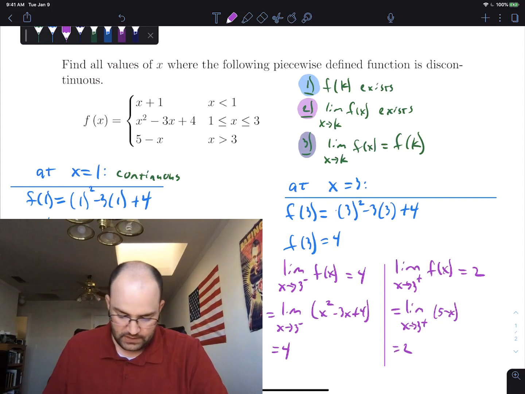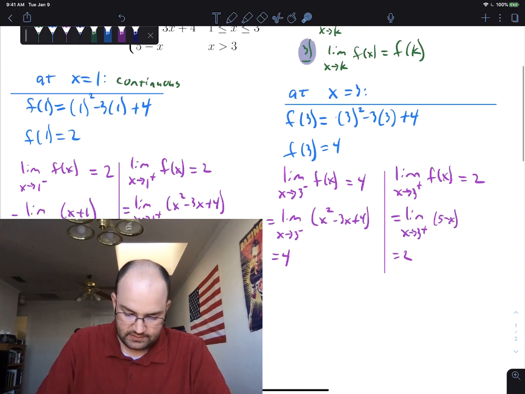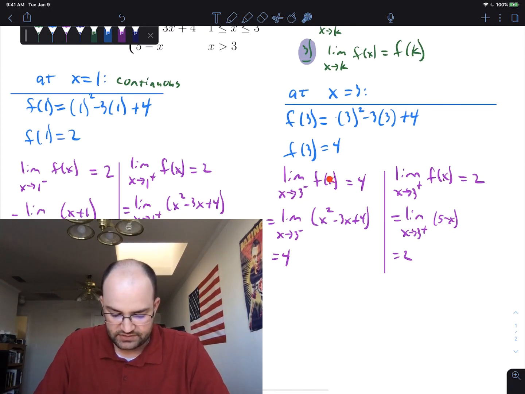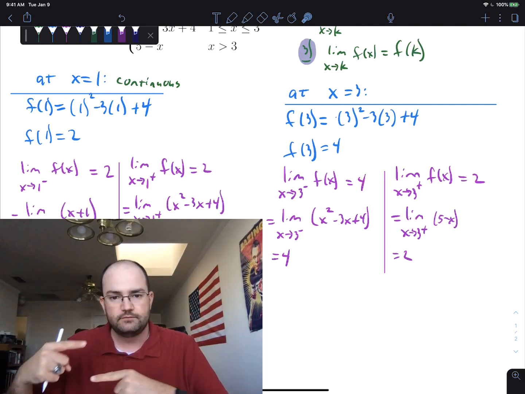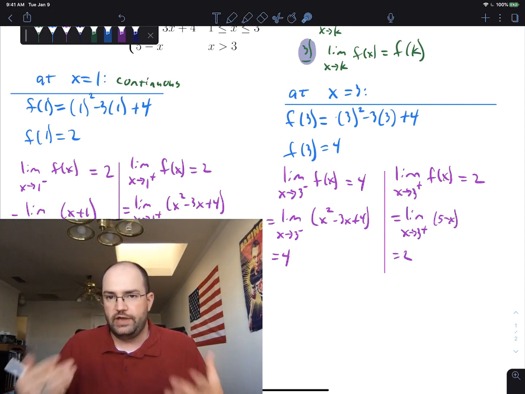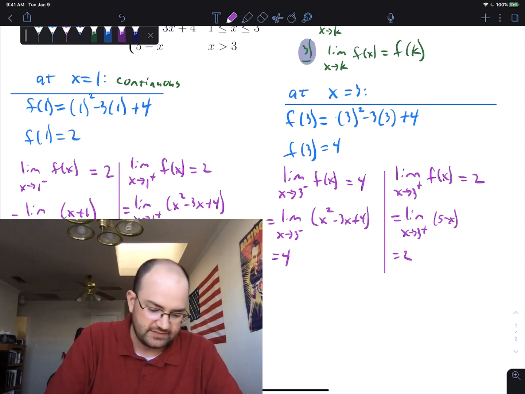So there you go. But notice that the limit as x approaches 3 from the left of f of x equals 4, and the limit as x approaches 3 from the right of f of x equals 2. These are not the same thing. This isn't approaching the same thing on either side. So therefore, you have to say that the limit does not exist.